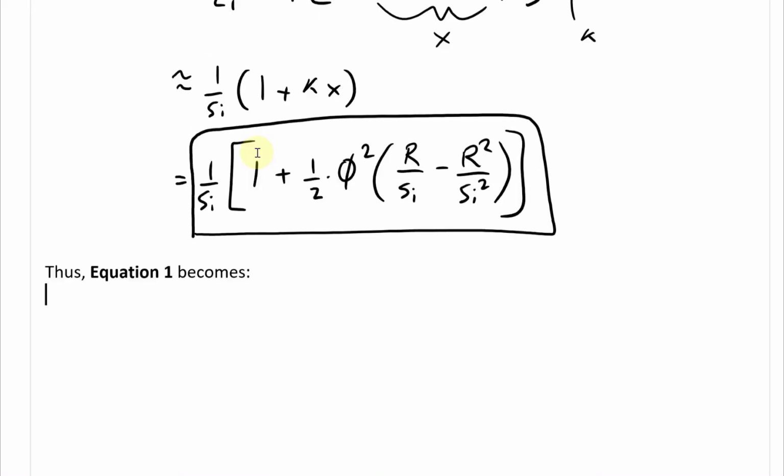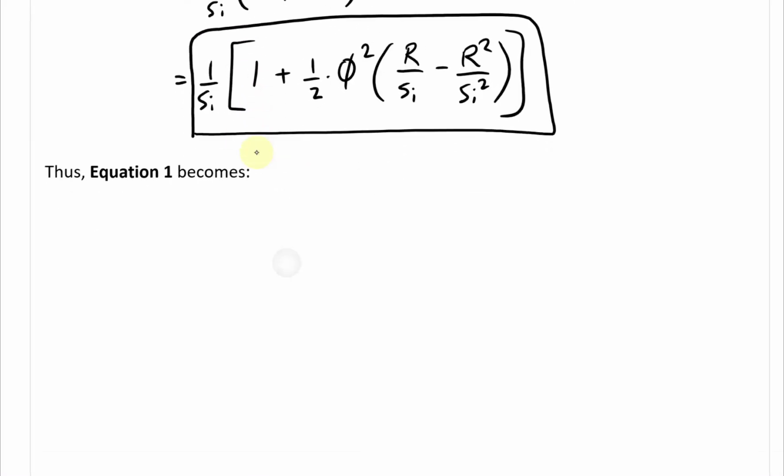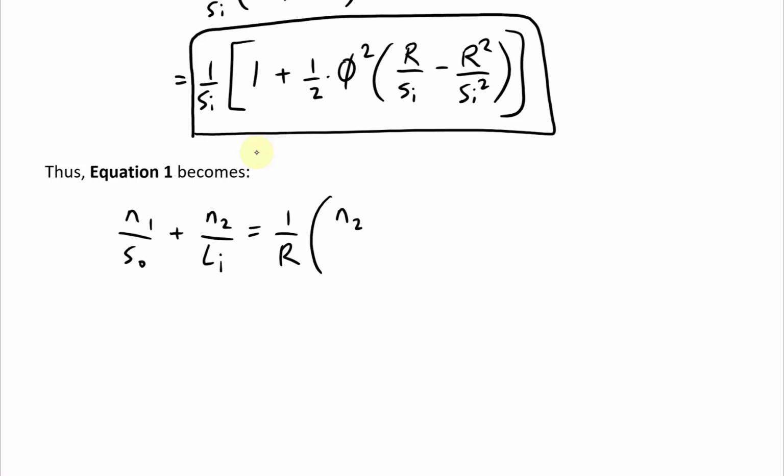So n1 over S naught plus n2 over Li equals 1 over R, and now we put a bracket, n2 times Si over Li minus n1 S naught over L naught, like that. And this is our equation 1, and I'll just double check quickly.